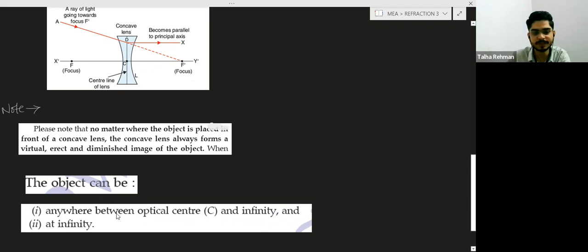The object can be anywhere between optical center and infinity, and at infinity.